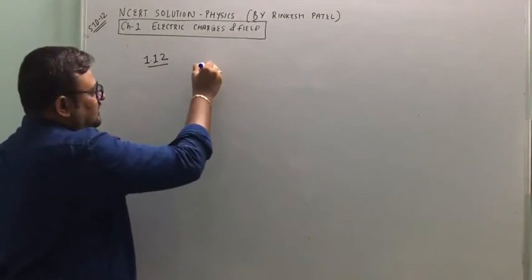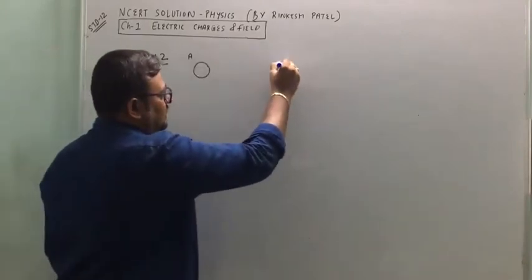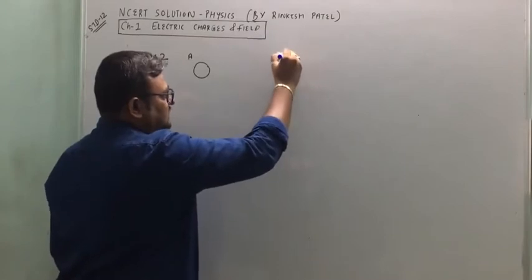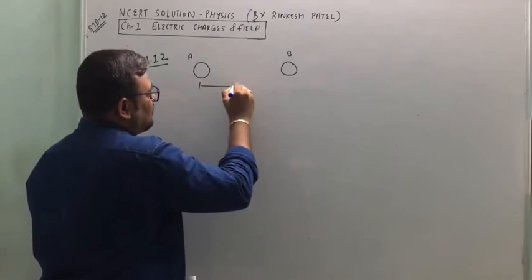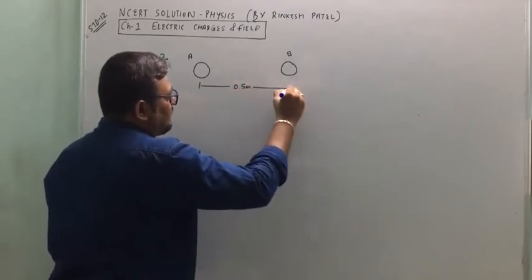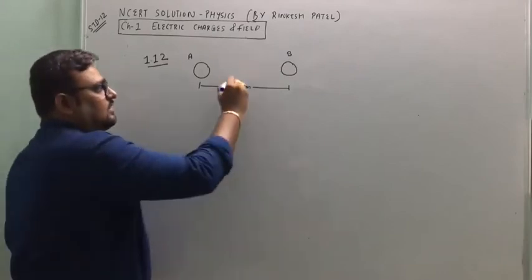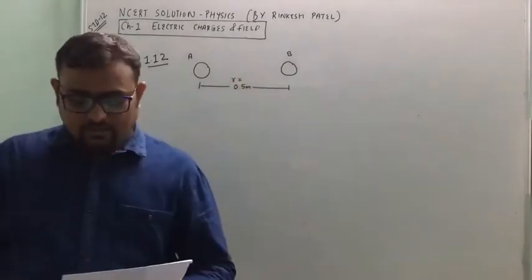Let's take this as insulated sphere A and this as B. The distance between them, R, is equal to 0.5 meter.